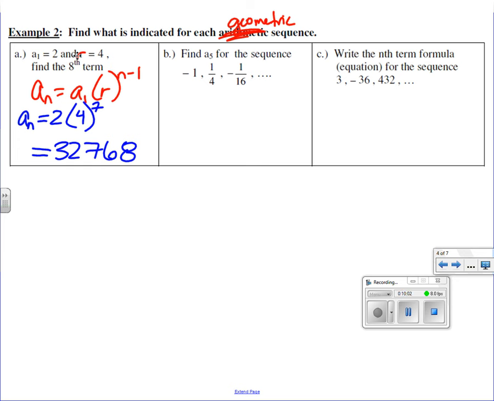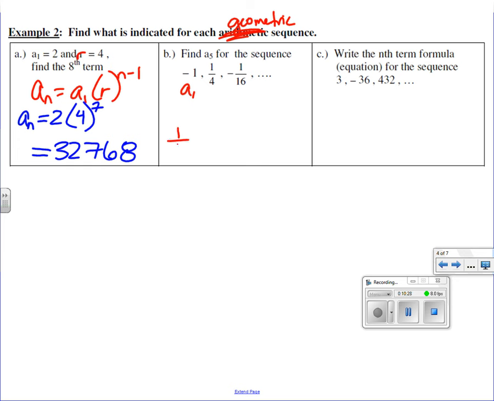Part B, Jonathan, what's one thing you know? Good. A1 is -1. Kendra, what else can you do on B? You can find your what? Very good. You can find R. So I take these. What do I do with them to find R? Divide them.